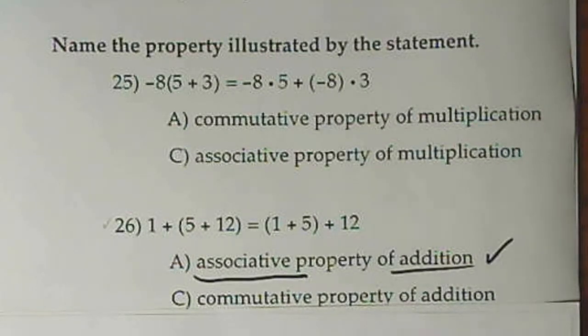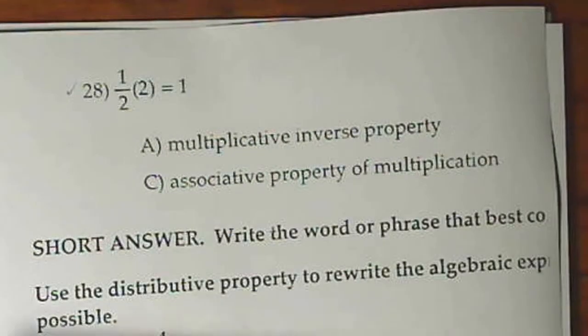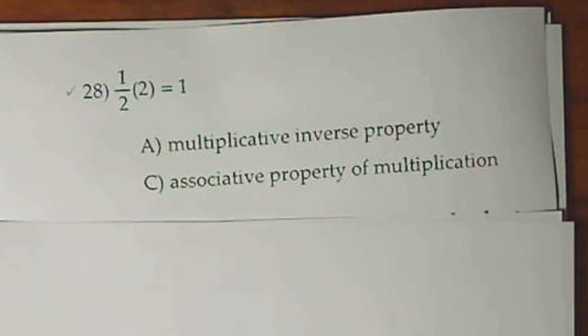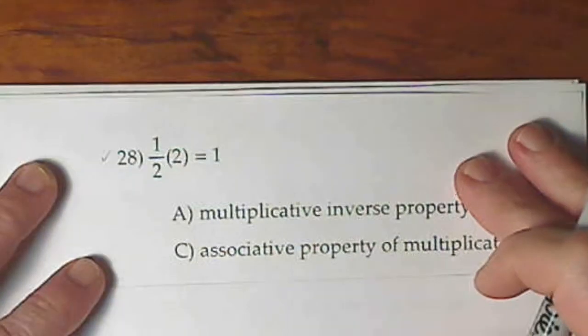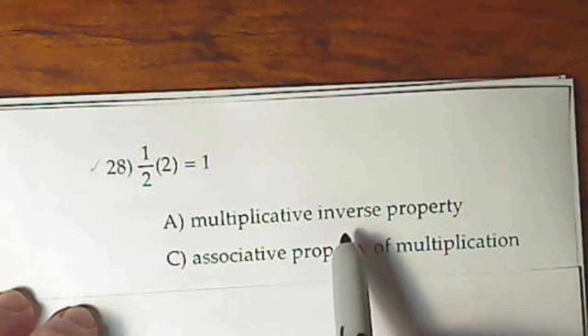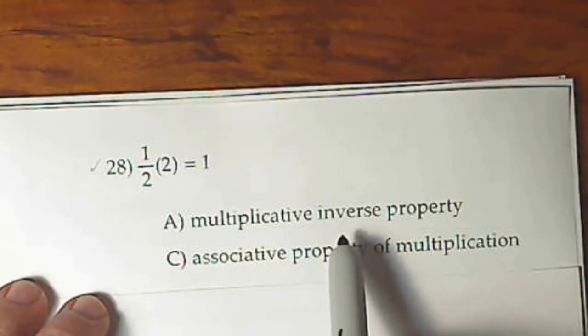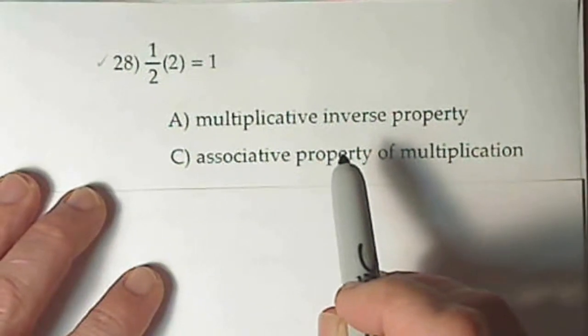And number 28, we'll take a look at that right here. What they're asking us to do is identify the property. The multiplicative inverse of a number is the number that you use to multiply and get 1.